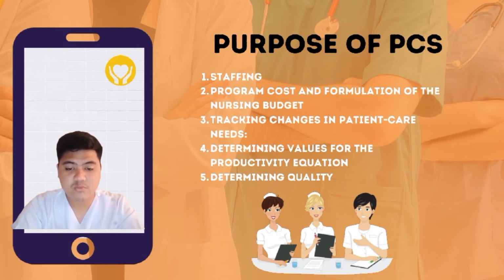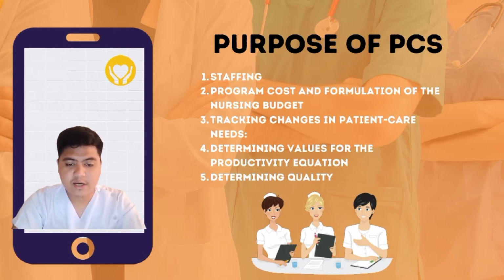A PCS gives nurse managers the ability to moderate and control delivery of care services, adjusting intensity and cost. Fourth is determining values for the productivity equation, which is output divided by input.